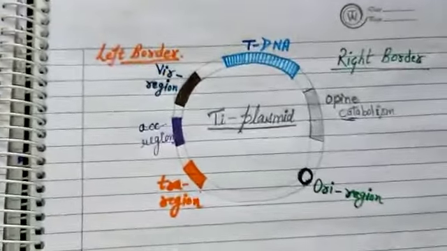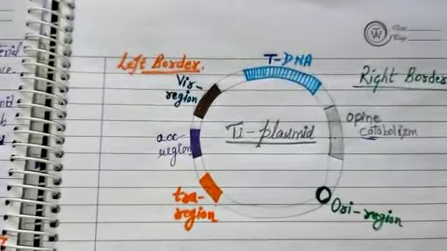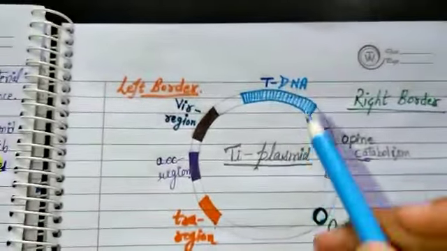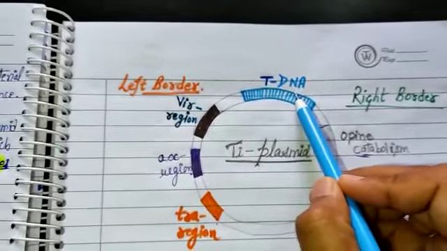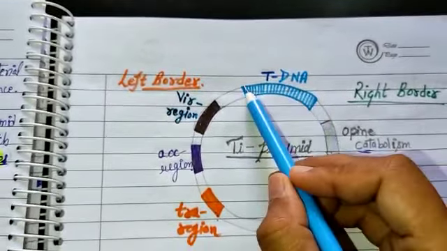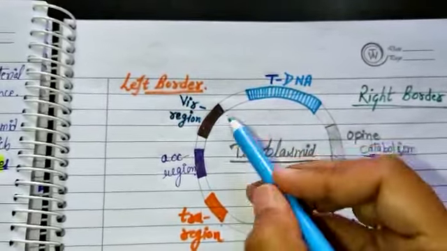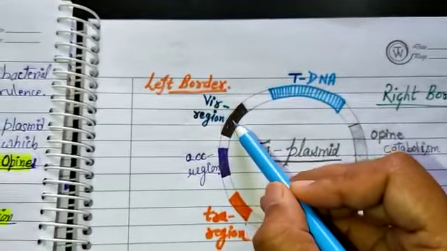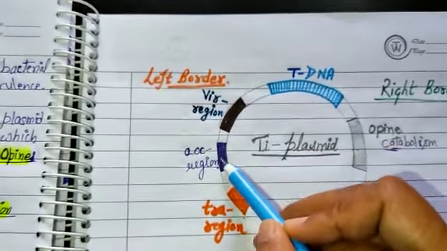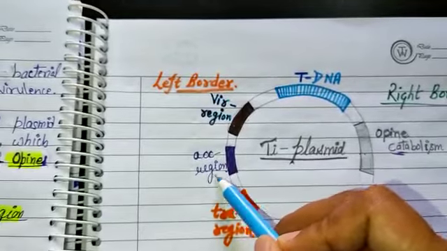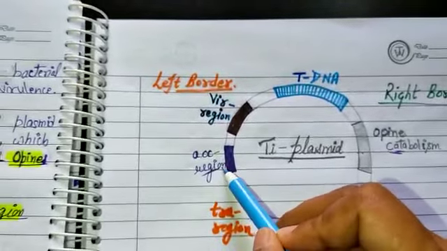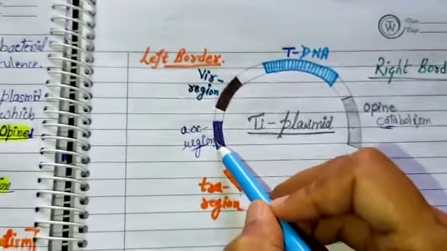So this is the diagrammatic view of the Ti plasmid, which indicates all the regions. This is the T-DNA region, the transfer DNA region, and it acts as a target site. This is the Vir region, indicating the virulence region. This is the ACC region, encoding agrocinopine catabolism.